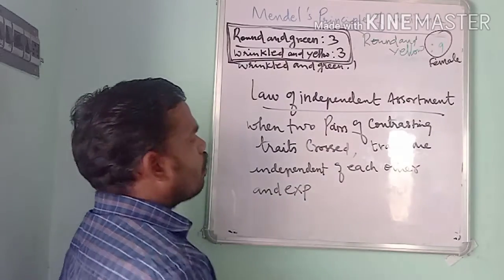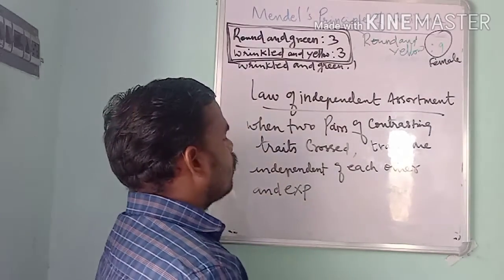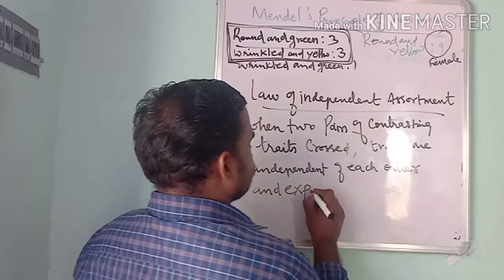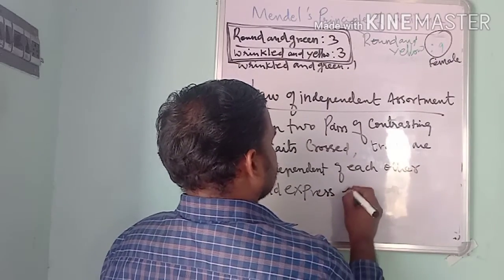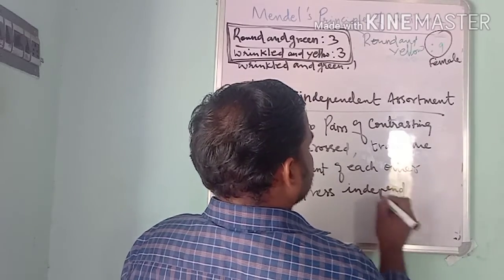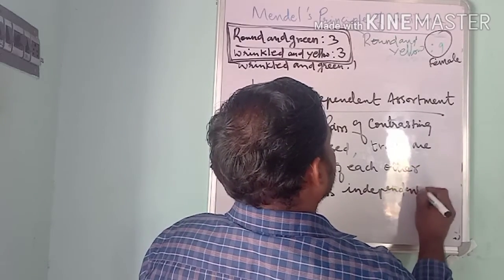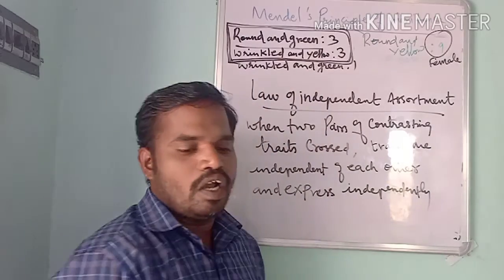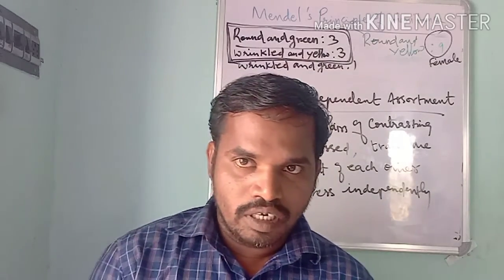So when two pairs of contrasting traits are crossed, the traits are independent of each other and expressed independently. So this is what we call the law of independent assortment.